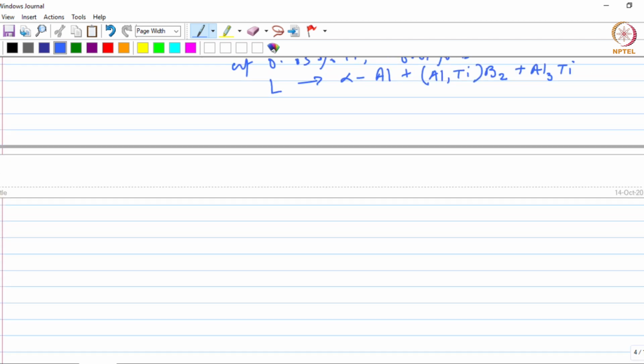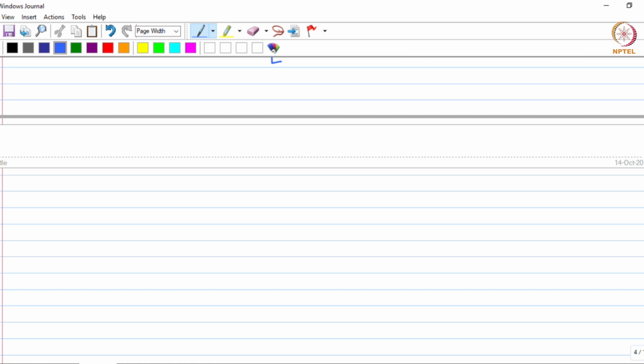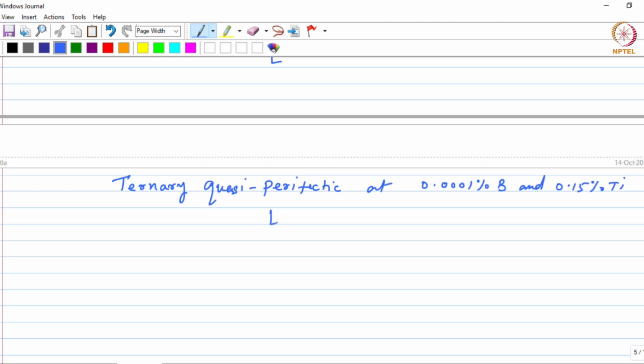And some have also suggested the presence of a ternary quasi-peritectic, at around 0.0001% boron and 0.15% titanium. And this quasi-peritectic goes as follows.